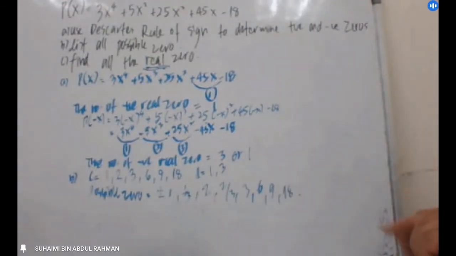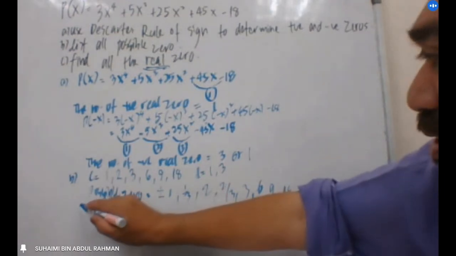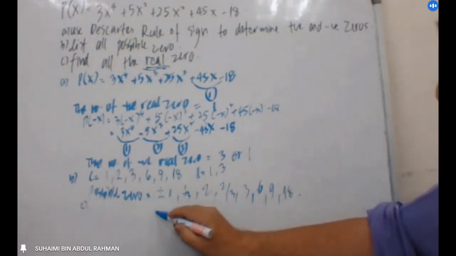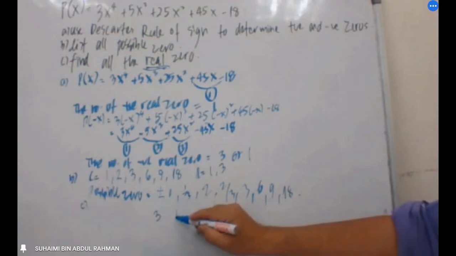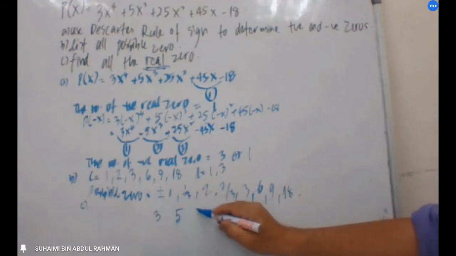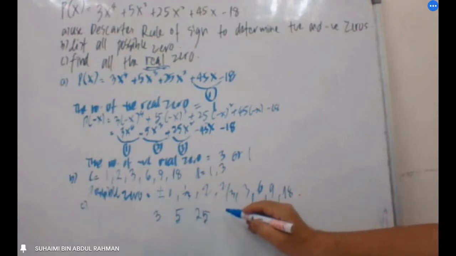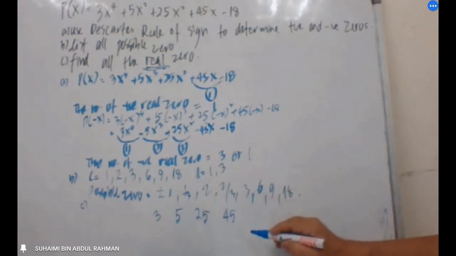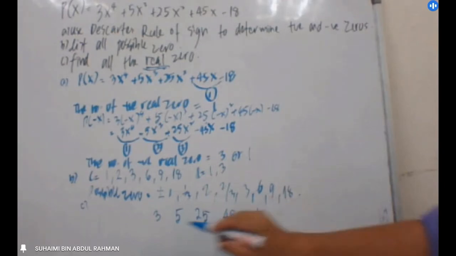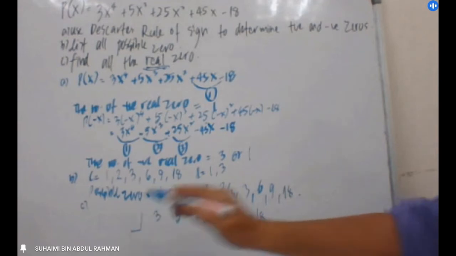For synthetic division, we list down all the coefficients. The coefficients are 3, 5, 25, 45, minus 18.